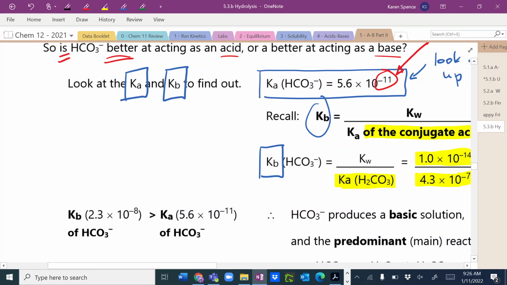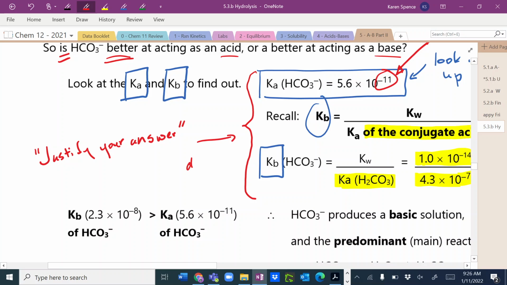And if this is a written response where they ask you to justify your answer, what that would mean is you would do these calculations. And you're going to make this comparison.